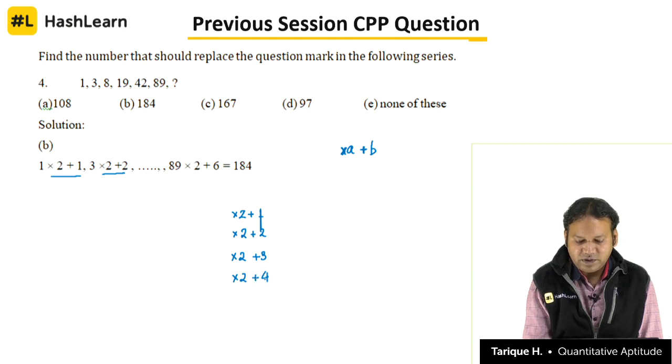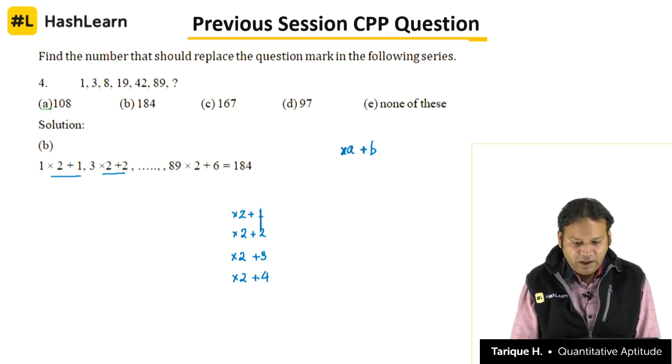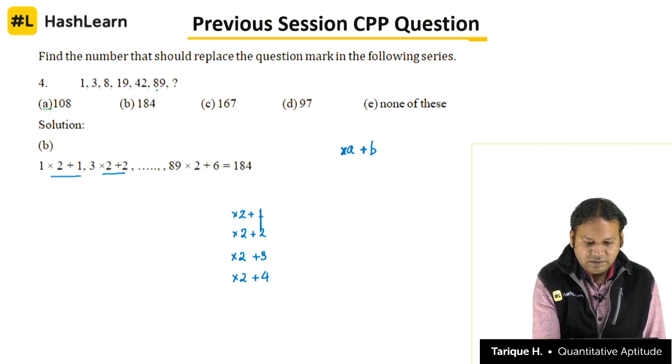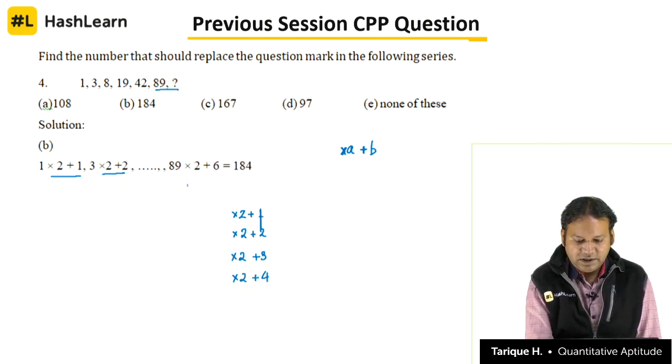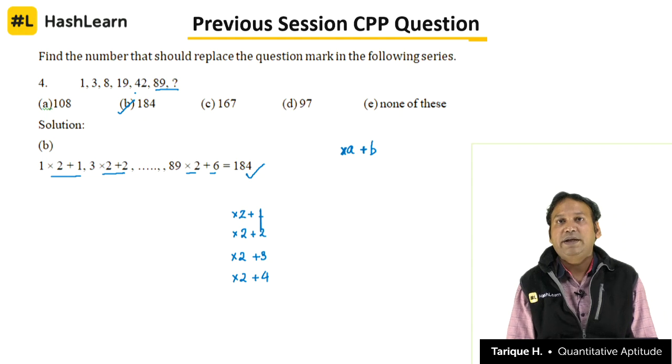So this is a concept. So into 2 is being done for every number, we are doubling the number, and then we are incrementing the number by 1, 2, 3, 4, and so on. So similarly when you go to the last number 89 to the next number, it is 89 into 2 plus 6, which is equal to 184, and that is why the answer for this question is 184, right.